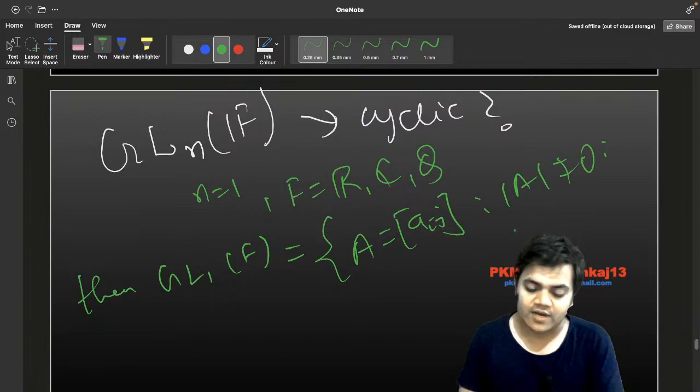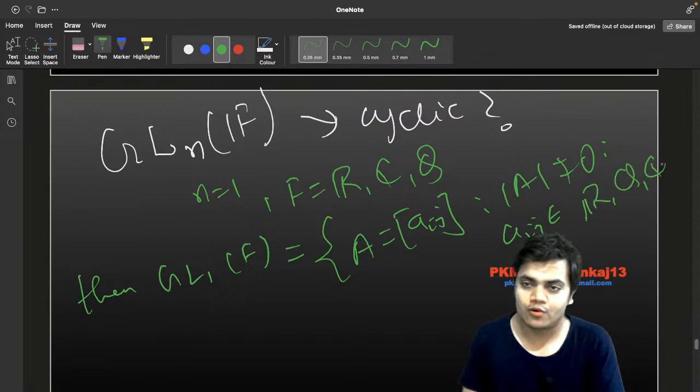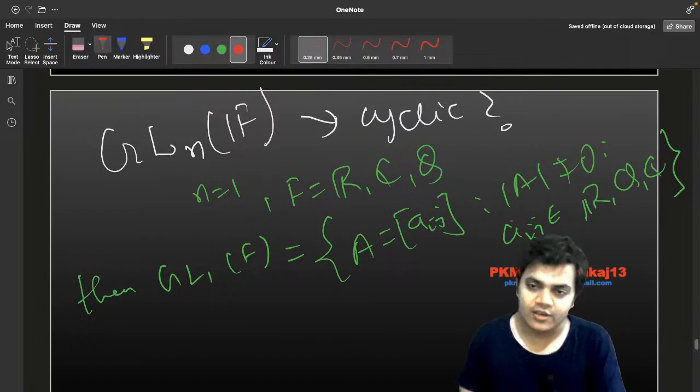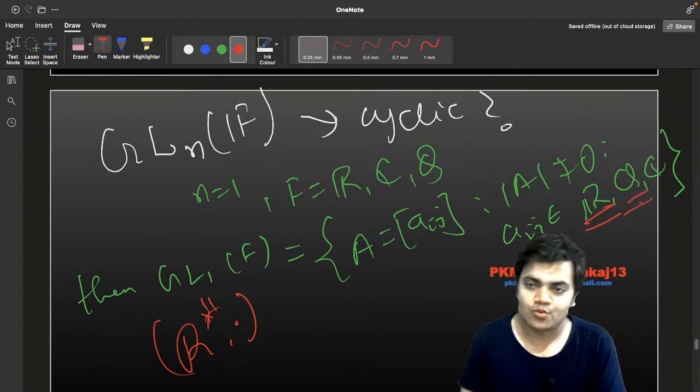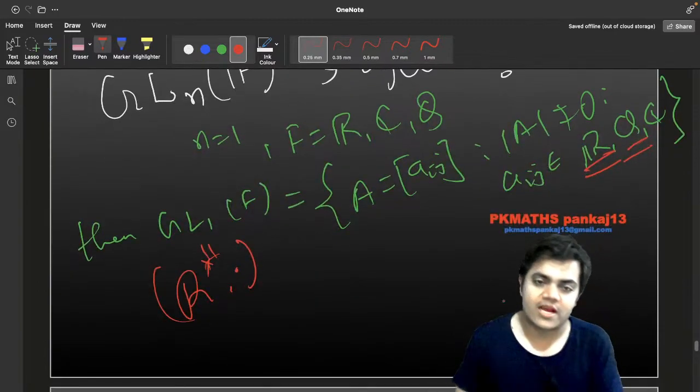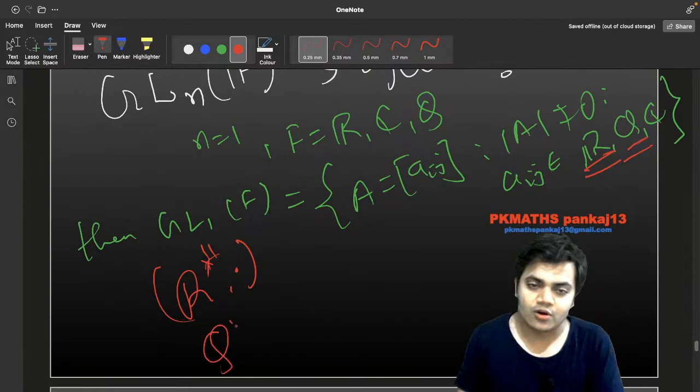Therefore we can say these are just the singletons either from R or from Q or from C. If we take the field as R, then this GL1F is nothing but R star with respect to multiplication. If we take the field as Q, then this GL1F is nothing but the non-zero rationals with respect to multiplication.